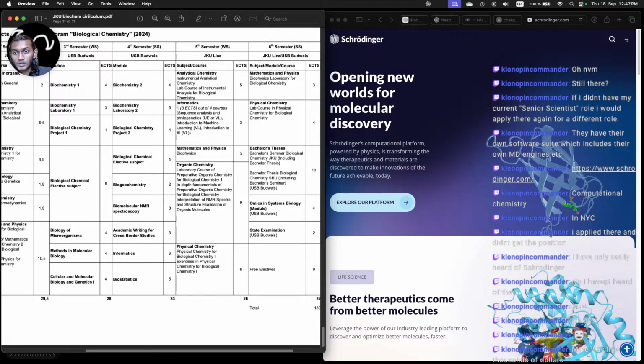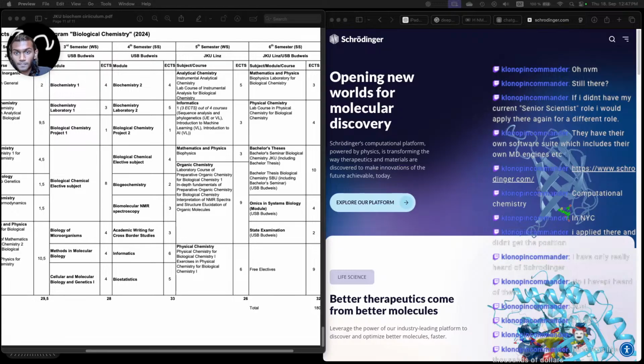Let me see my timetable again. Oh no, that's bad. And how are they arranged? Okay, I gotta change this. I have to change it.